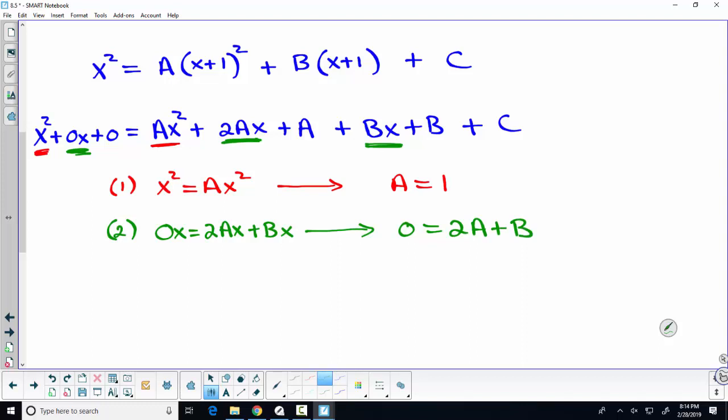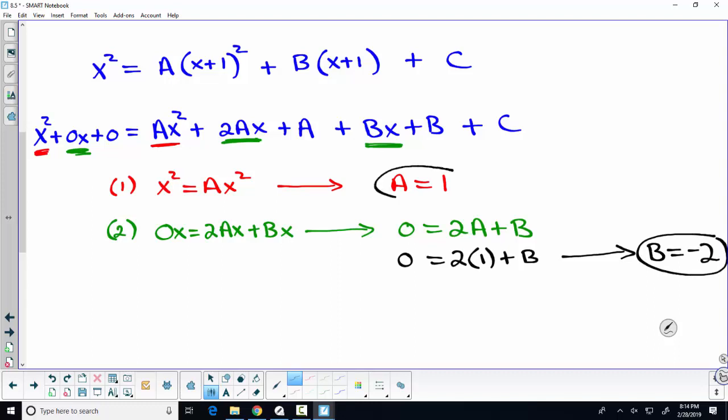Can we solve that? Yeah, because we already know A is 1, so we might as well solve that. So 0 equals 2 times A, which is 1, plus B. That means B is equal to -2. So I'll circle these. B is -2, A is 1.